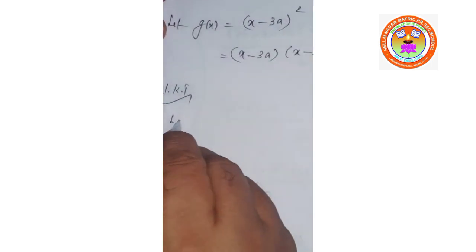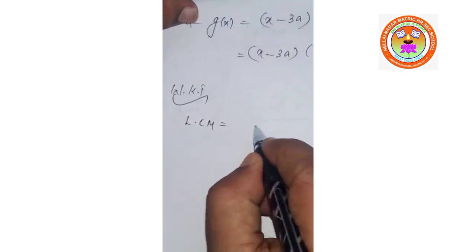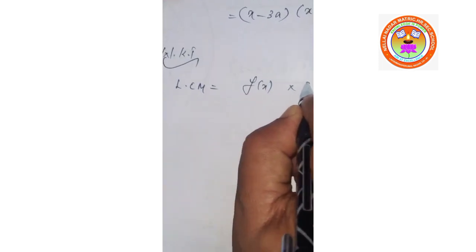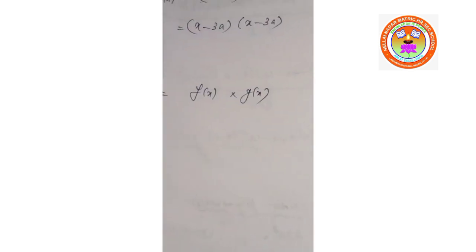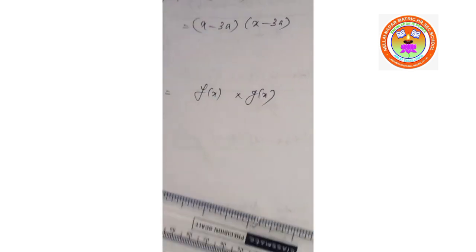We know that LCM equals f of x into g of x divided by GCD.